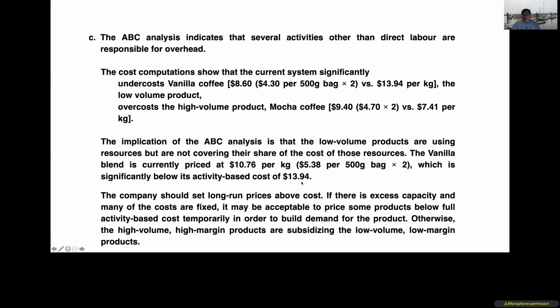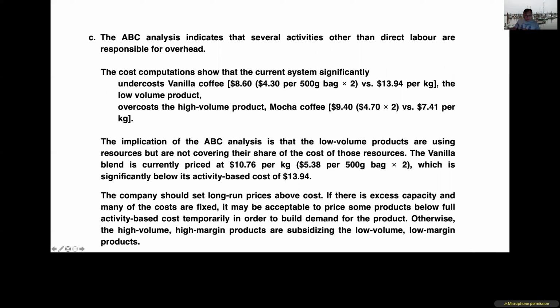This is lower than the cost, 13.94. So they are losing money on their vanilla. The company should set the long run price above the cost. Of course, you wish your price to be higher than your cost.